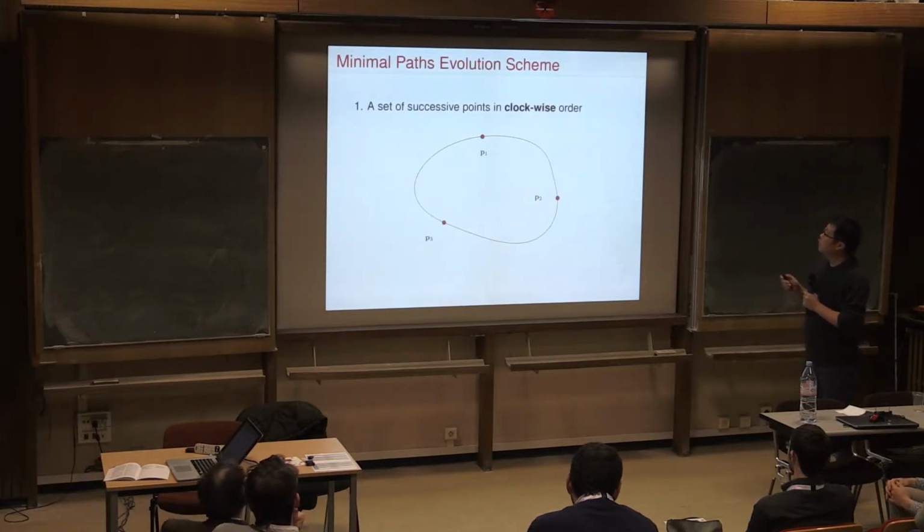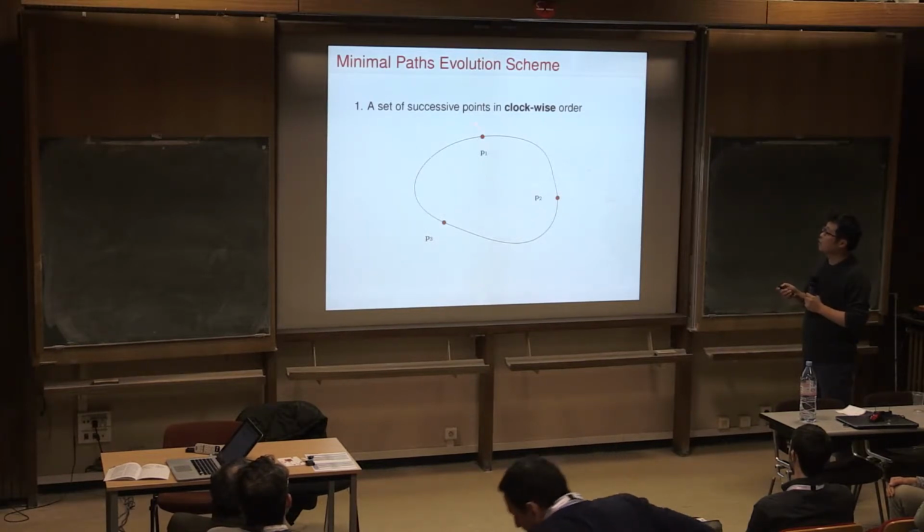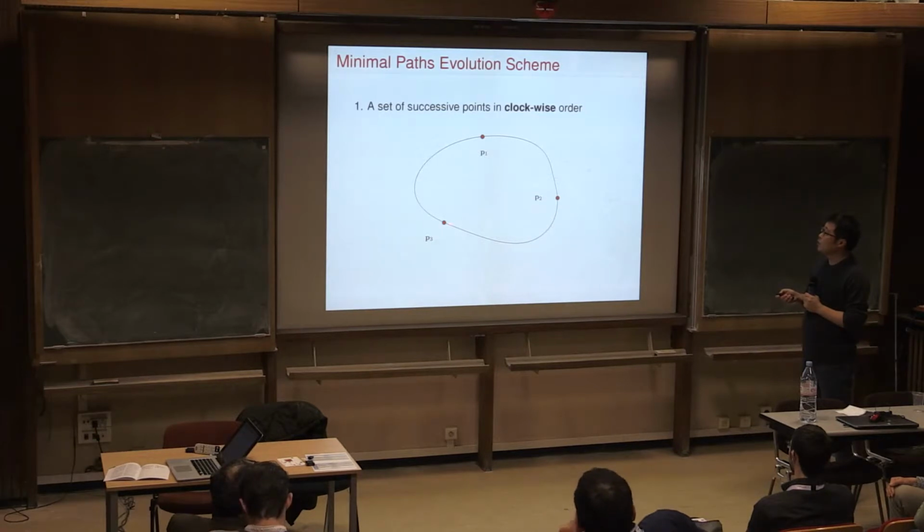Now there are 2 problems that should be solved in this new scheme. The first problem is how to ensure the 2 successive contours to be close to each other. So now we firstly solve this problem. In this picture, we see an initial contour, and there are also 3 user provided fixed points, P1 to P3.